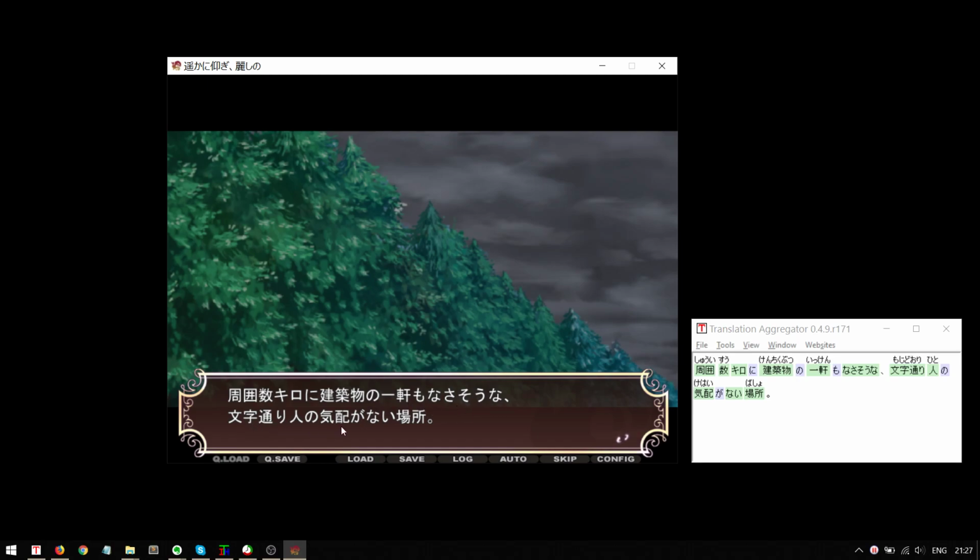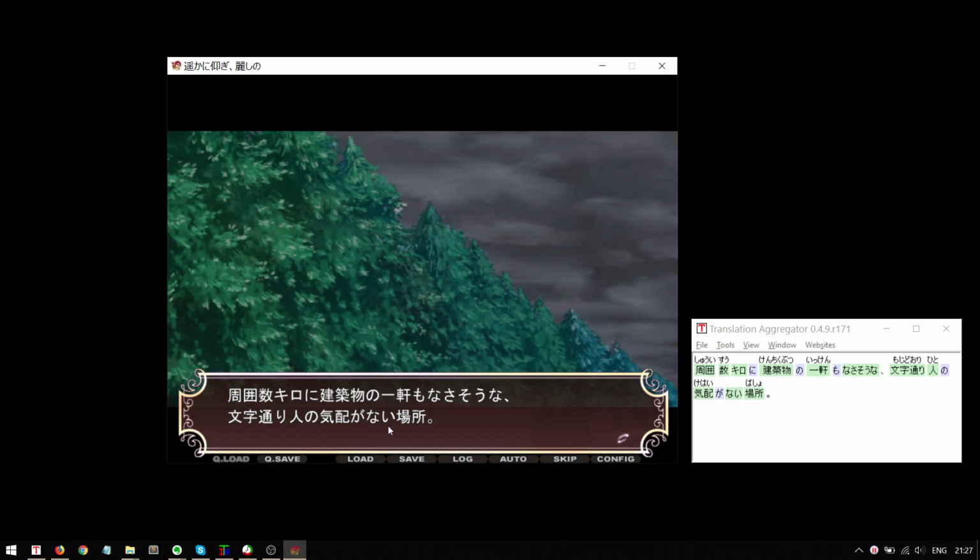文字通り人の気配がない場所. 文字通り means literally, as the characters say, like the kanji says. So 人の気配がない means that there's no trace of humans.